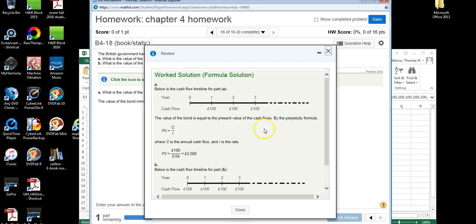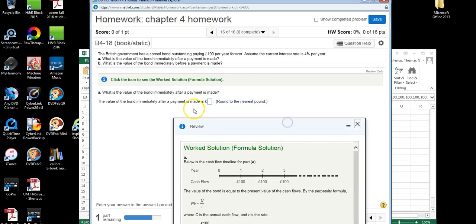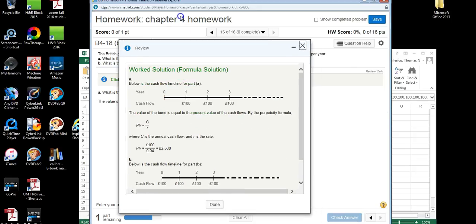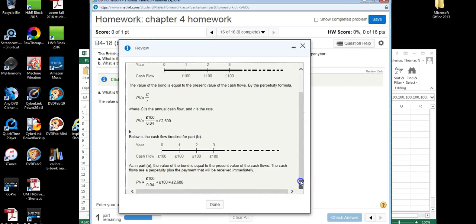The next question they asked is the value of the bond immediately after a payment is made. Well, I'm sorry, hold on. The value of the bond immediately before a payment is made. Before a payment is made, the value of the bond is equal to the present value of the cash flows.